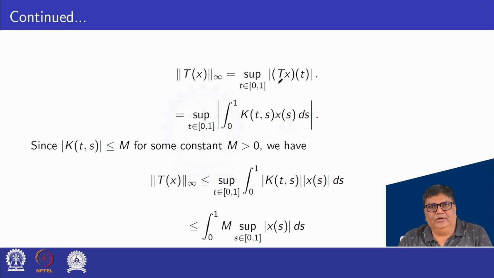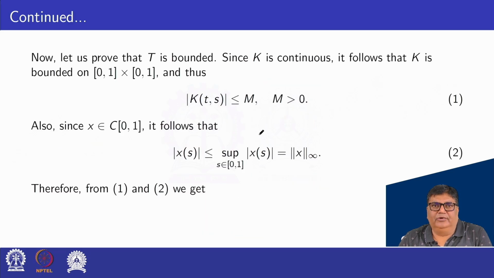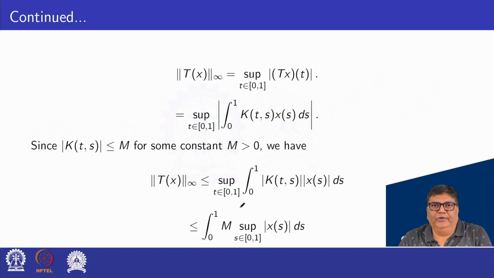And putting the value of Tx, that is the integral from 0 to 1 of k(t,s) x(s) ds, this is the modulus. So we know that mod of the kernel k(t,s) is less than or equal to M from equation 1. So we can write this is bounded by M here and this is x(s) ds.